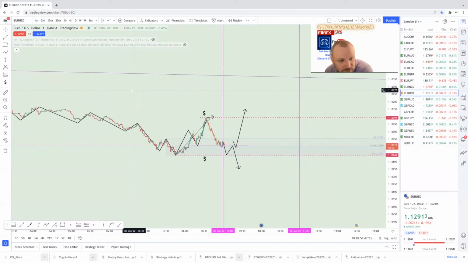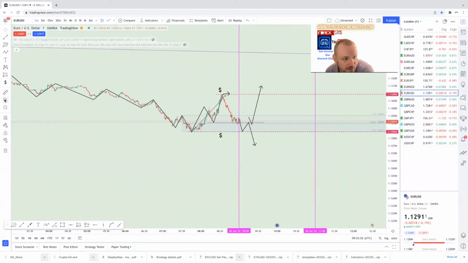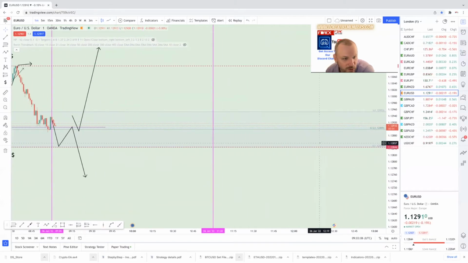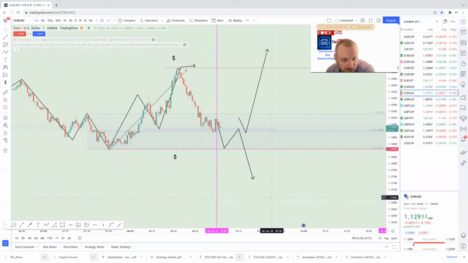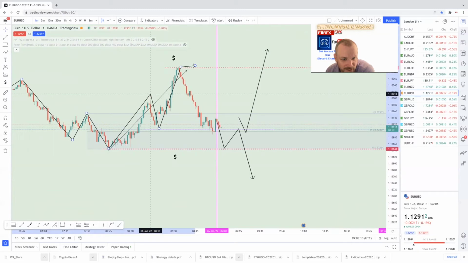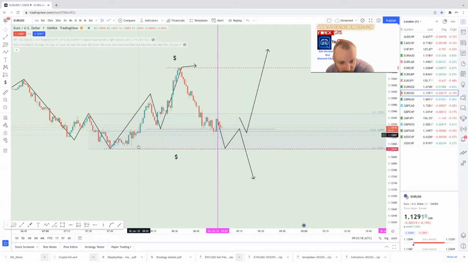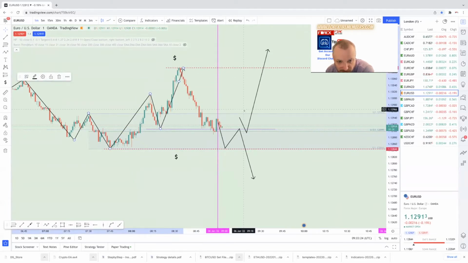Let's make this a little bigger, because when you watch the recording back, the candles don't look as big. Let's get rid of some of the noise. So we're waiting for a push down, retest, and then break of the sell side liquidity, or we are simply waiting for the push and the drive up.